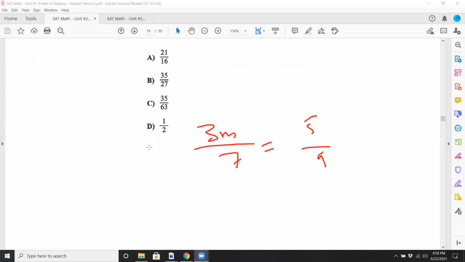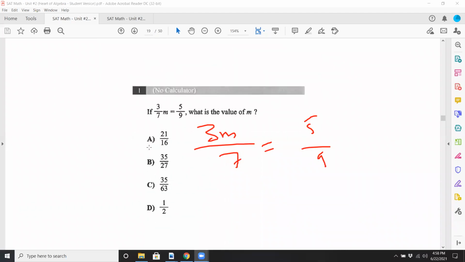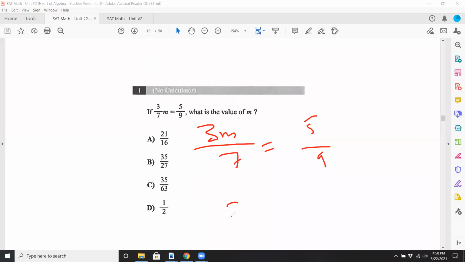Oh, sorry, we're on page 349. So we're on the next topic, part 2. So again, you could cross multiply. 27m equals 35. And of course, m is 35 over 27.